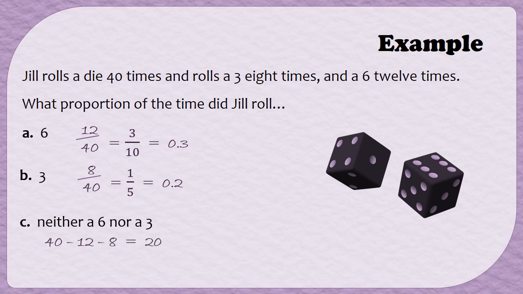She got a 6 12 times, so I'm going to subtract a 12. And she got a 3 8 times, so I'm also going to subtract an 8, and that's how I ended up getting the 20. So she got something that wasn't a 6 and it wasn't a 3 a total of 20 times, and there were 40 rolls. So she has 20 out of 40 for her proportion, and that's going to simplify to 1/2 or 0.5.